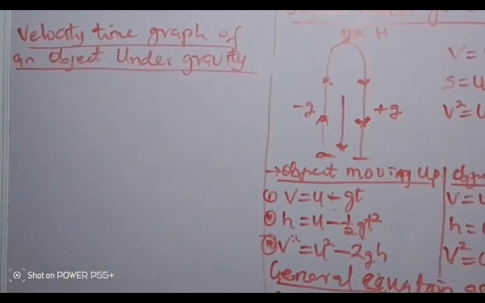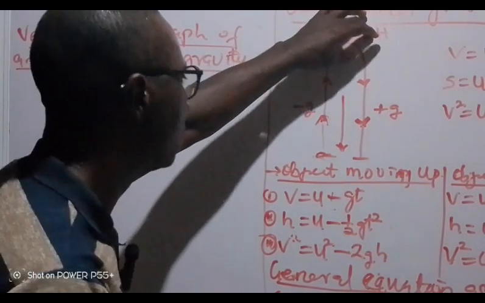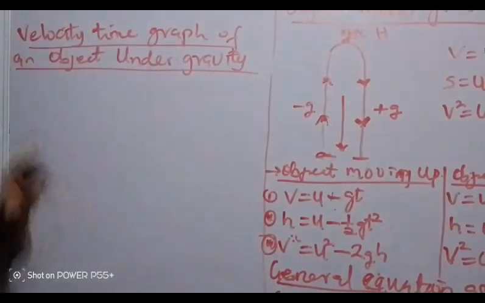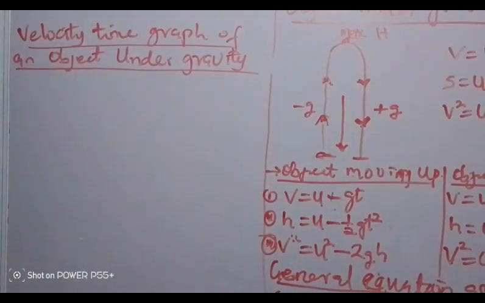At the same time, when an object is falling down, we drew the velocity time graph. Let's now combine them. When that object is under gravity and is thrown vertically, reaches the maximum height and comes back to the ground, how will the velocity time graph look like?